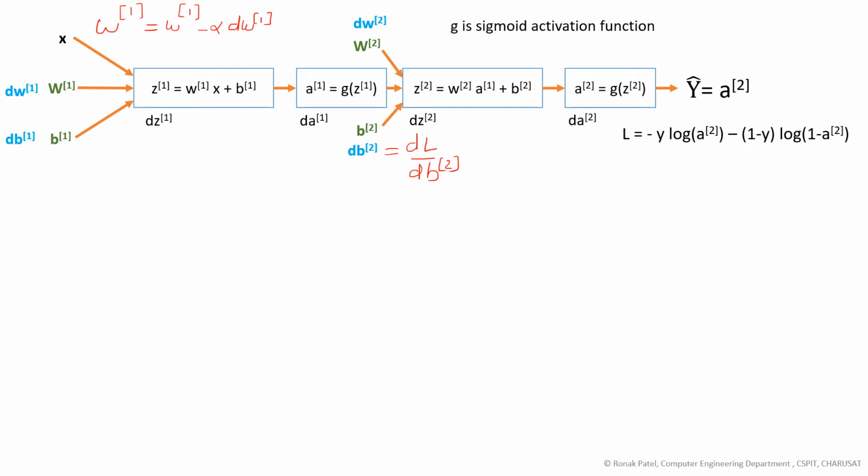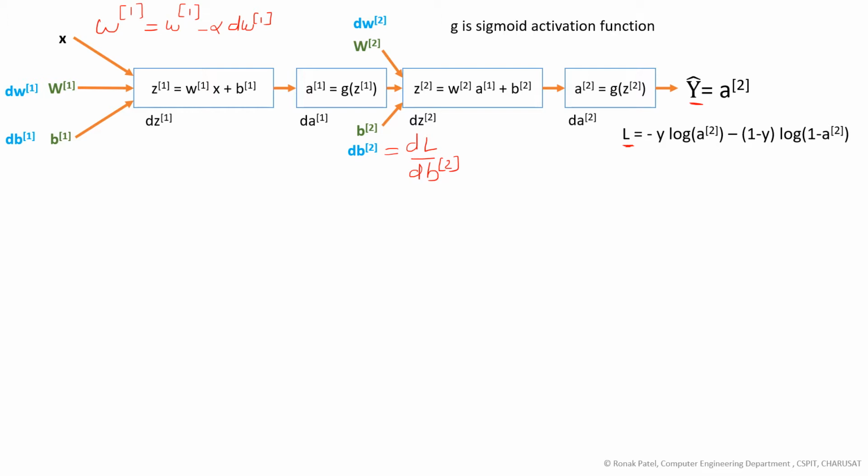Okay, so this is your loss function: L equals minus y log a2 minus (1 minus y) log (1 minus a2). What is a2? A2 is your prediction, right? After you calculate Z2, you perform some activation on that Z2 and that is your A2, and A2 is your y hat.